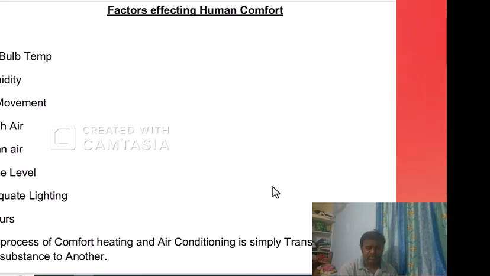Fresh air and clean air, and the noise levels of the equipment supplying the air, are also very important, as is adequate lighting. The lighting should be adequate and should not generate much heat. Then odors, that is, smell. These are the factors affecting human comfort.